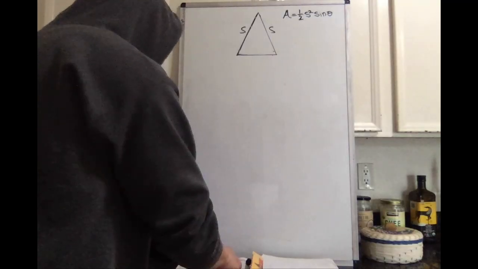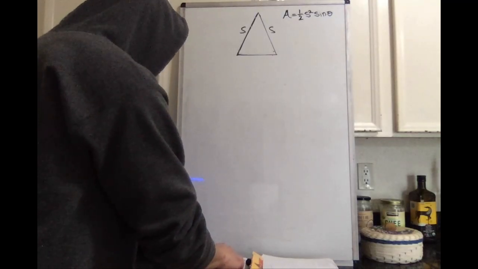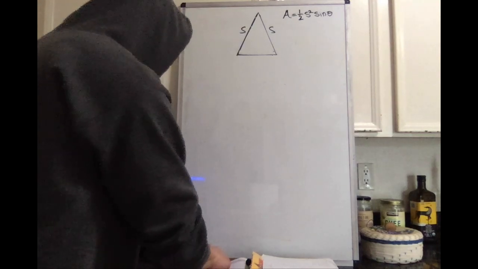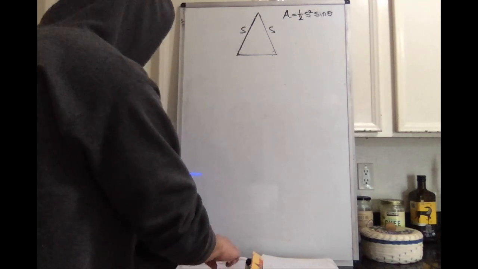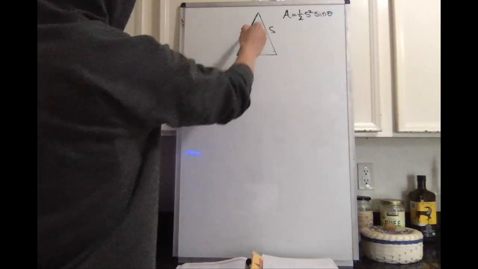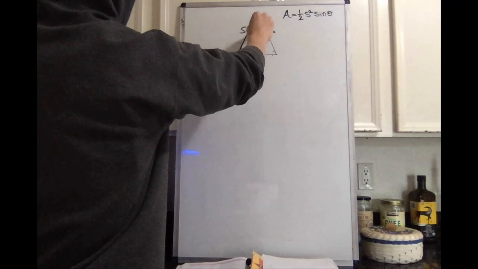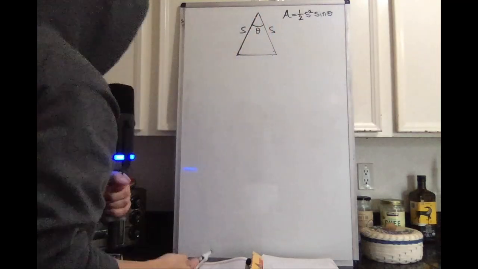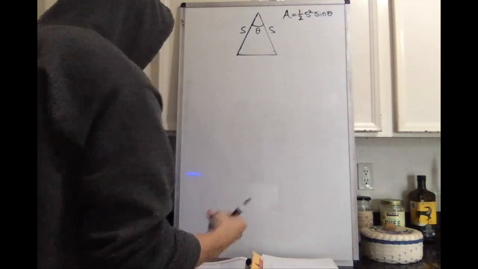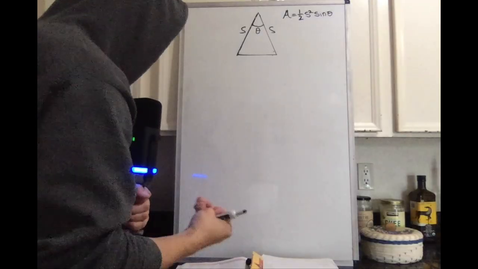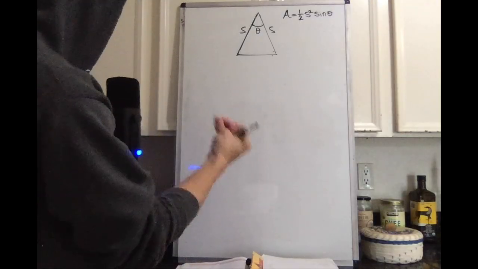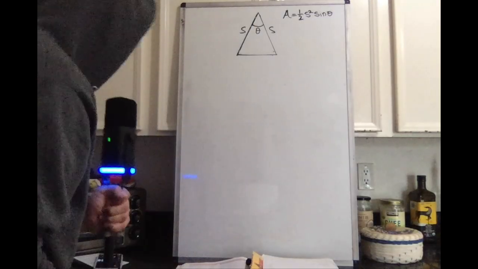The included angle of the two sides of constant equal length s of an isosceles triangle is theta. So basically this angle right here is theta. Show that the area of the triangle is given by 1/2 s squared times sine of theta.